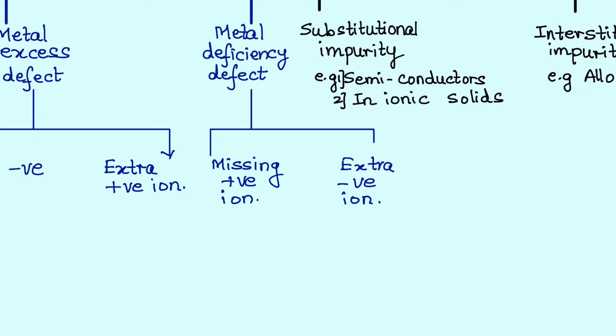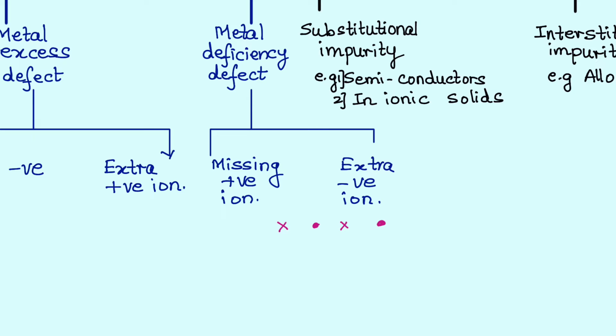Obviously, when the metal is less, it's a metal deficiency defect. Take the case of the students in your class. Let us suppose you have an equal number of boys and girls in the class.